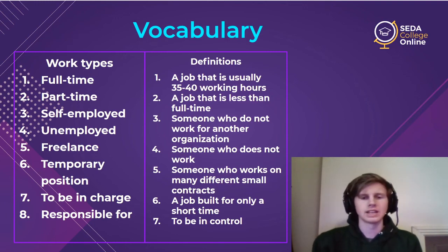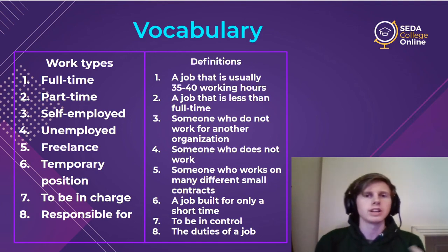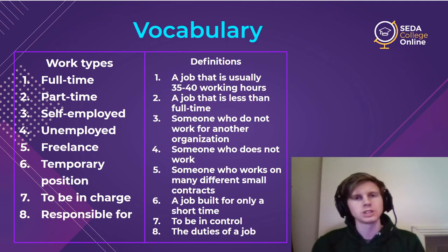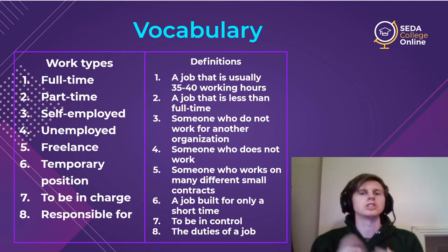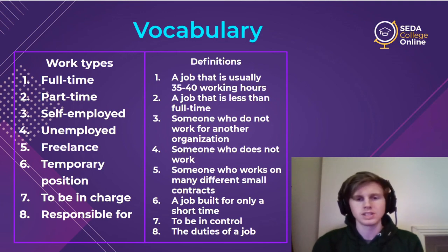However, on the other hand, we have to be responsible for, and this is just the duties of the job. So the difference is that when you're in charge, you have control. You say how and what happens. Responsible for means you need to do this, and this is part of the job. So if you are a secretary, you are responsible for talking to people.